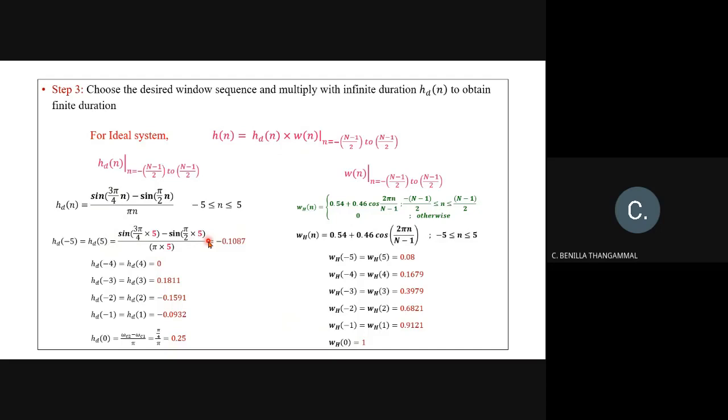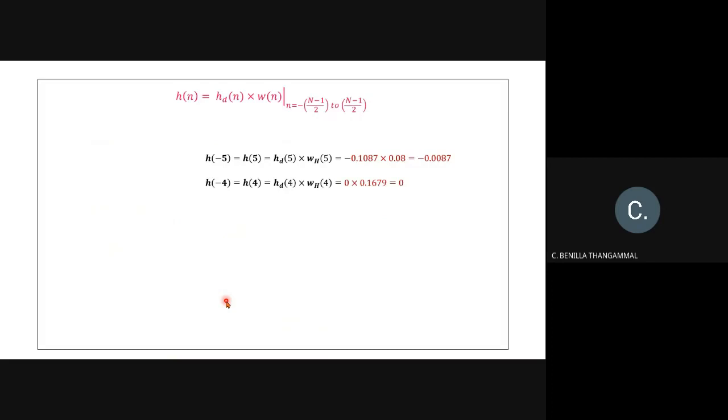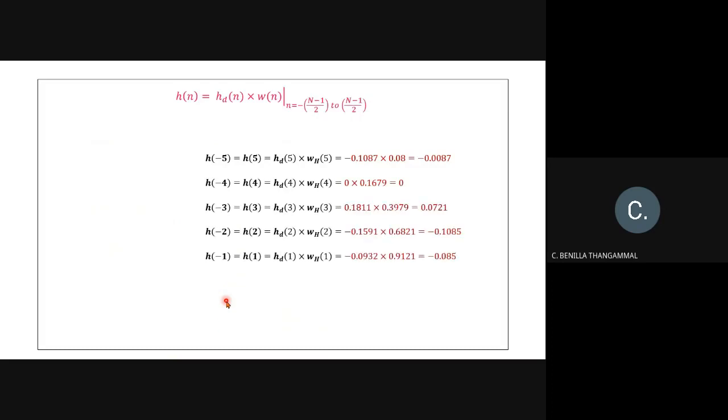And in your HD of n also, all the values will be less than 1. If you get a value greater than 1, definitely your HD of n calculation is wrong. Now your h of n can be calculated by multiplying your HD of n with your W of n. So h of minus 5, minus 4, minus 3, minus 2, minus 1, 0, 1, 2, 3, 4, 5 is getting repeated. So I got the value.